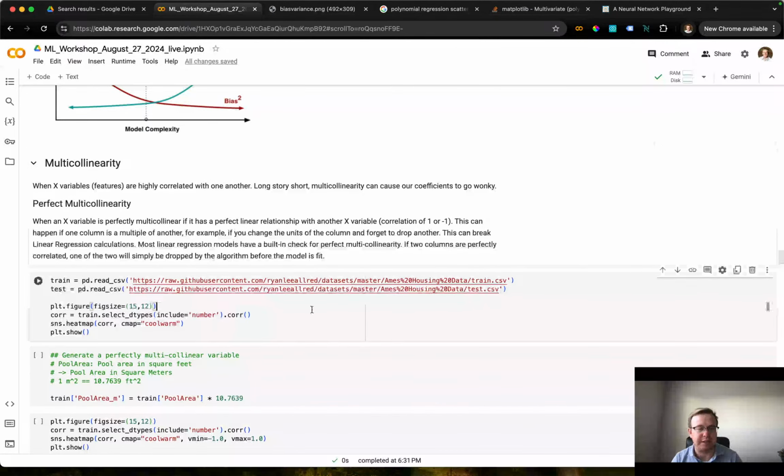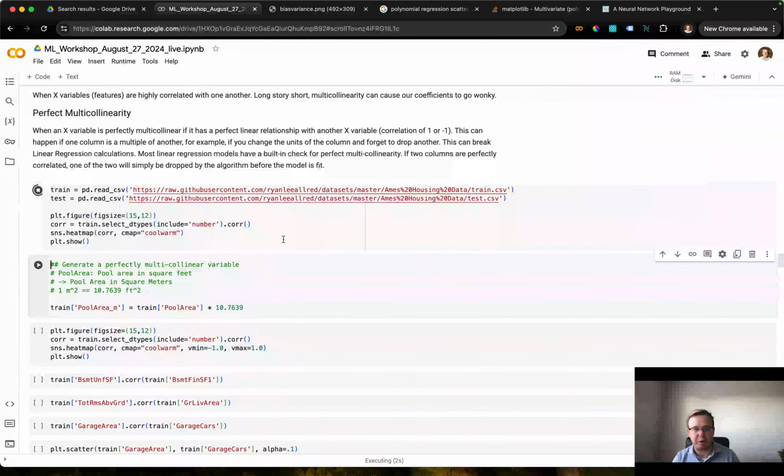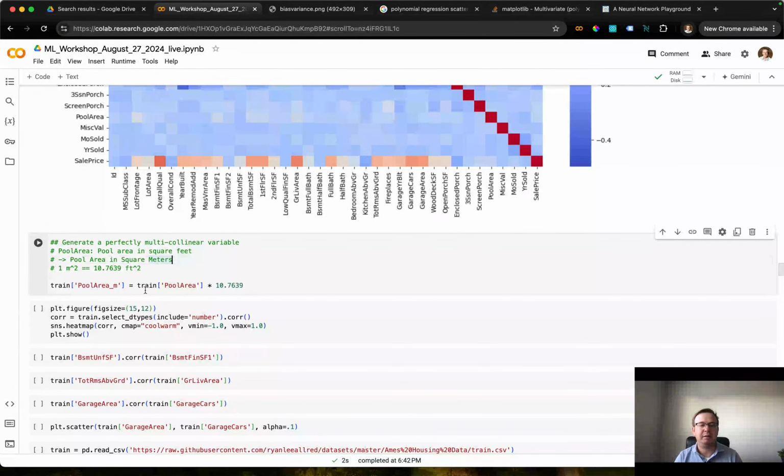Here's an example. I'm reloading the data set fresh here. We're going to work with all of it now, instead of the 100 data points. I've got pool area in feet squared. Say I wanted to make a new column that was pool area in meters squared. Well, the unit conversion from square feet to square meters is a constant factor of 10.7639, right?